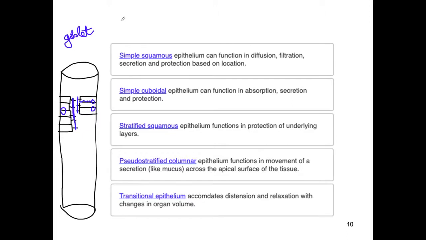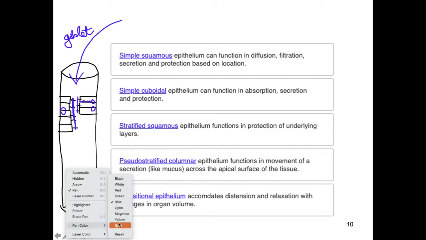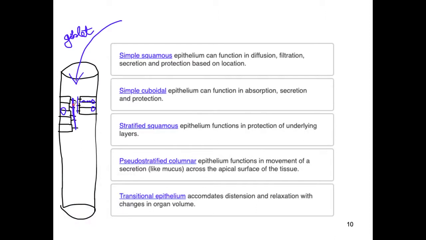So that now when you breathe in air and air is coming inward, if there are dust particles or debris, the dust particles are going to stick to the mucus. Any type of debris is going to stick here.